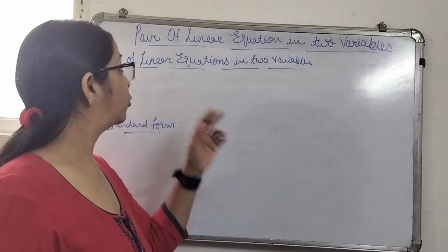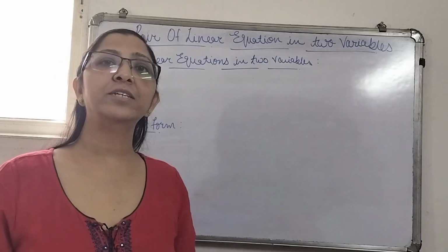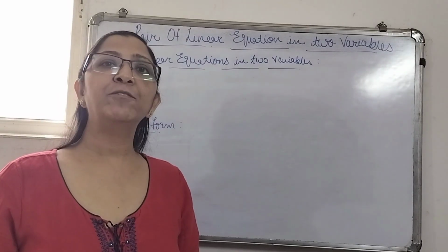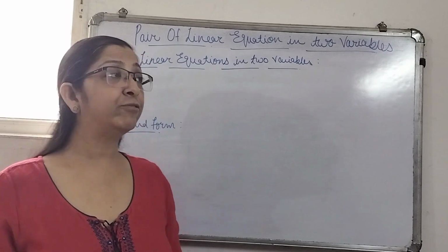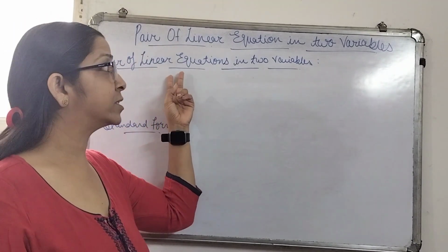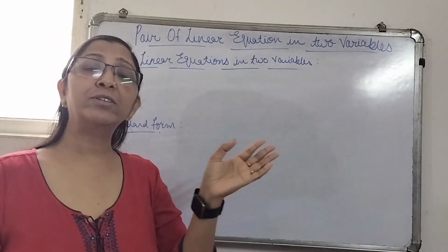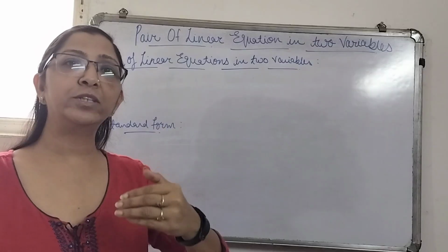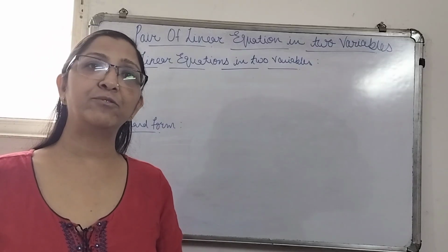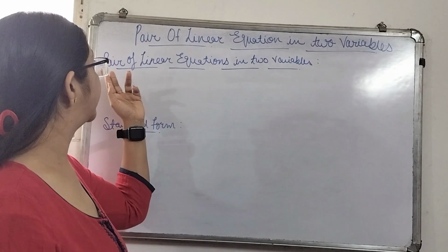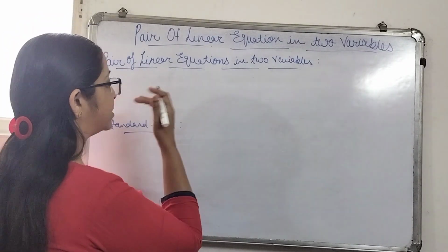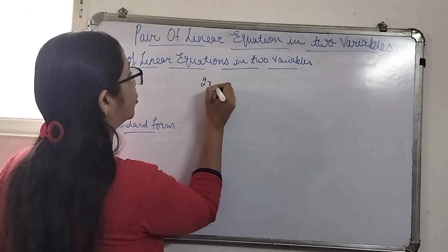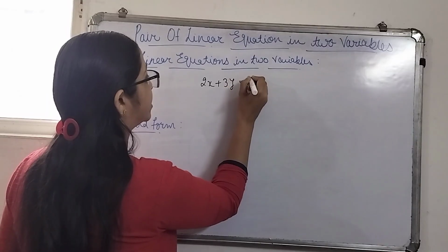Now let's see what is pair of linear equations in two variables. Whenever we are saying pair, that means we are talking about two. So if there are two linear equations in two variables, and both the equations are with the same variables, then we are saying it to be pair of linear equations in two variables. Suppose I am saying that one of the equations is 2x plus 3y is equivalent to 7.